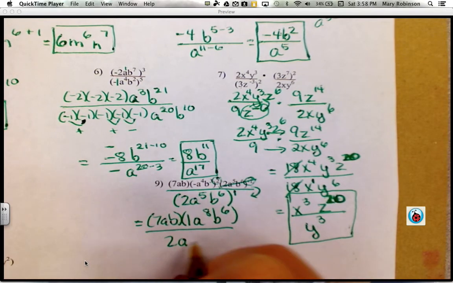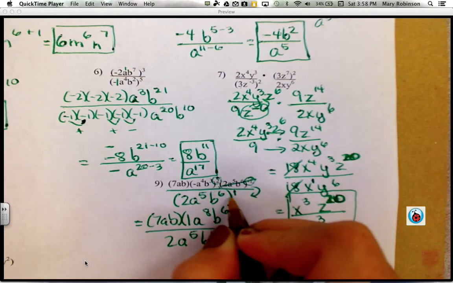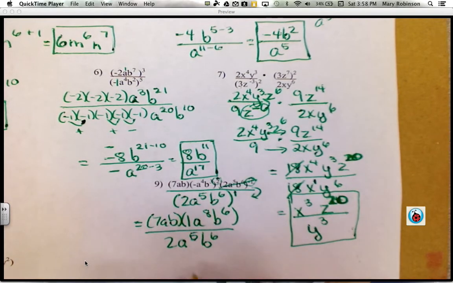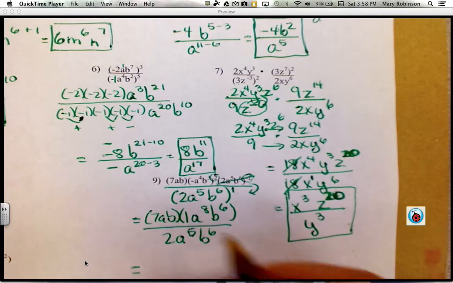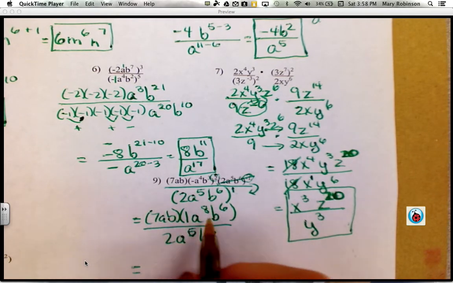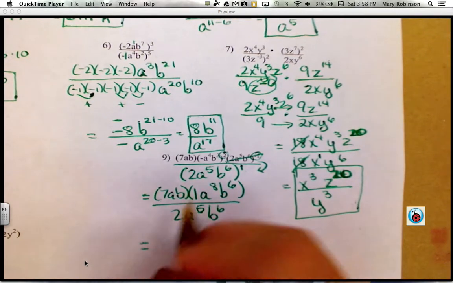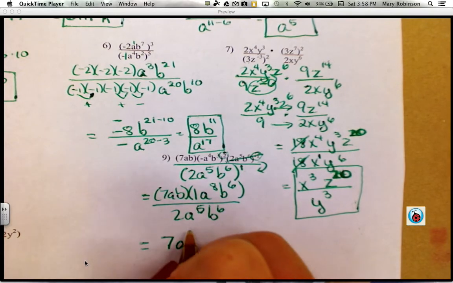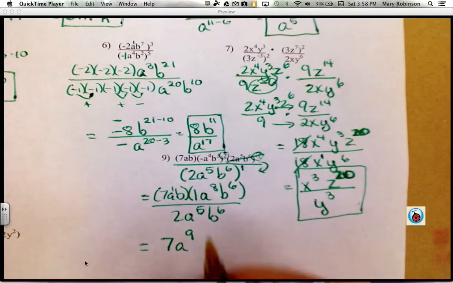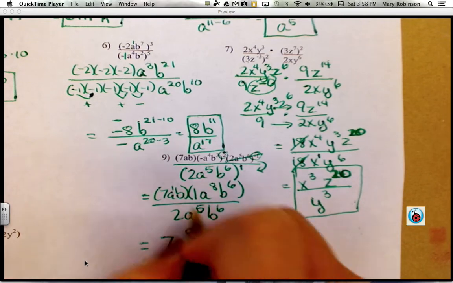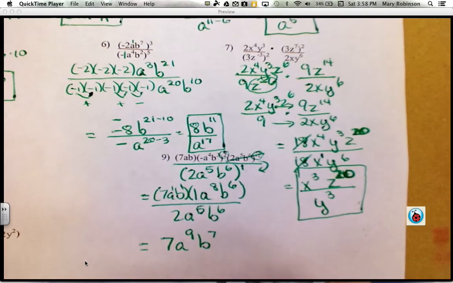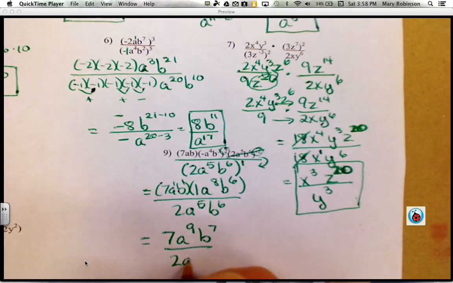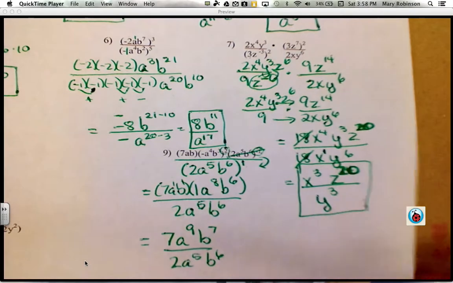All over my 2a to the 5th, b to the 6th, all because it's to the first power, so I don't have to multiply exponents there. Combining or multiplying these two terms up top, 7 times 1 is 7. A to the 9th, remember I'm adding that 1. And b to the 7th from adding the 1 there. On the bottom I have 2a to the 5th, b to the 6th.